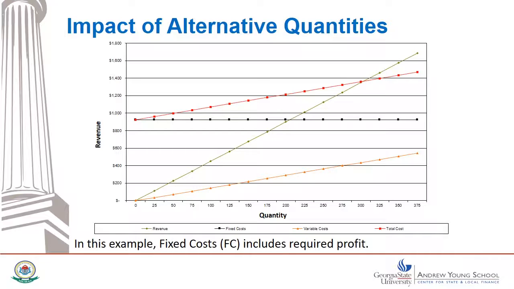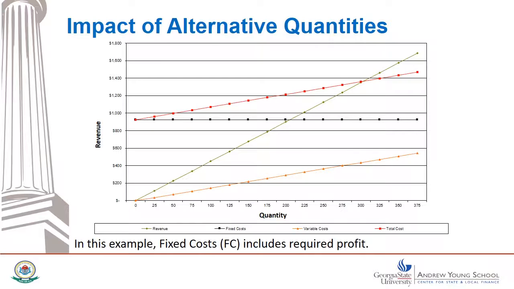Those results are shown on the graph as the green line. Variable costs, which are a set amount per pie, in this case $1.45, are multiplied by different quantity levels and plotted on the graph as the orange line. Finally, total costs are a function of fixed costs, here including the profit target, plus the product of variable costs times different quantity levels, and then plotted on the graph as the red line.